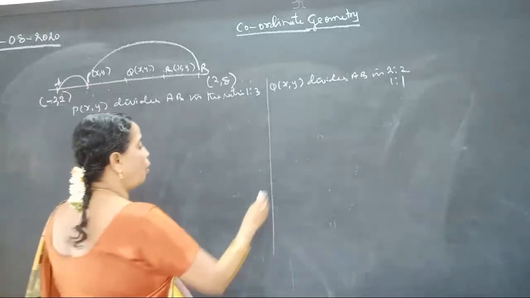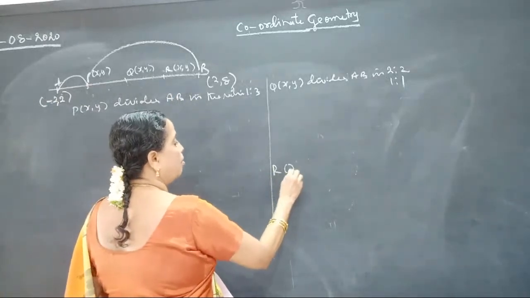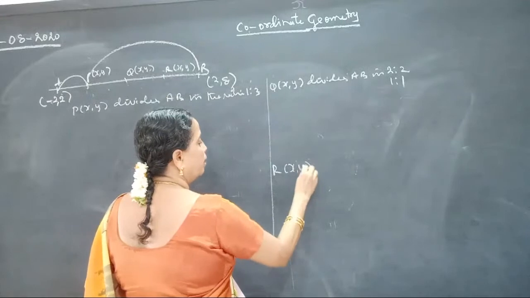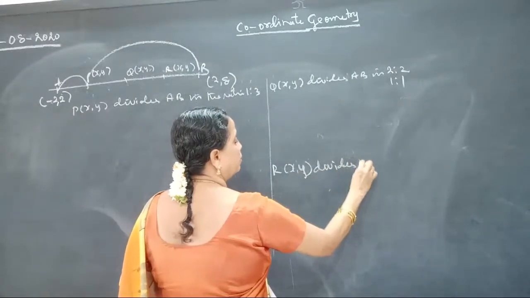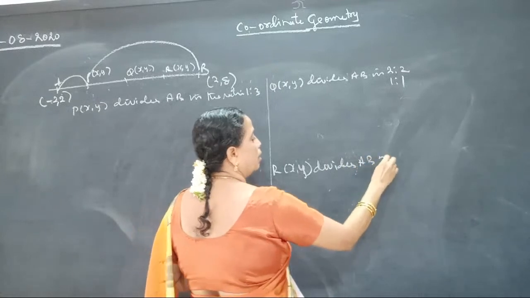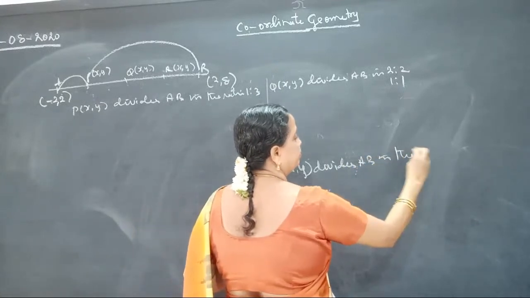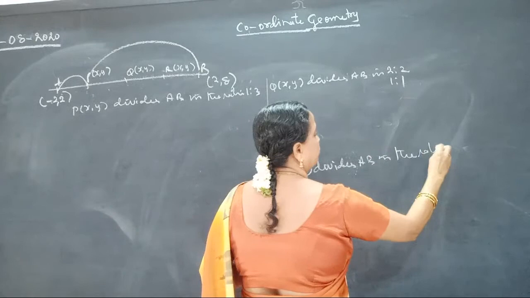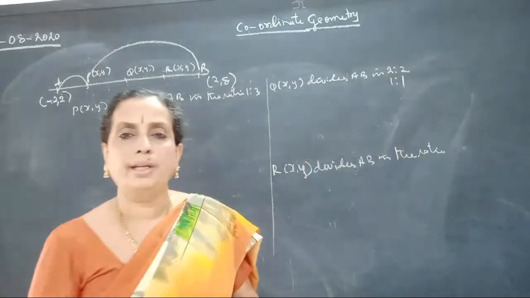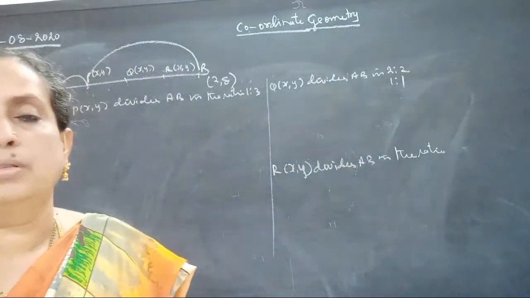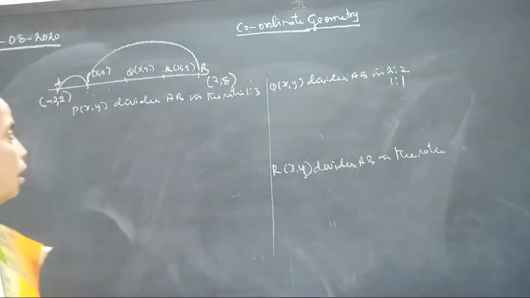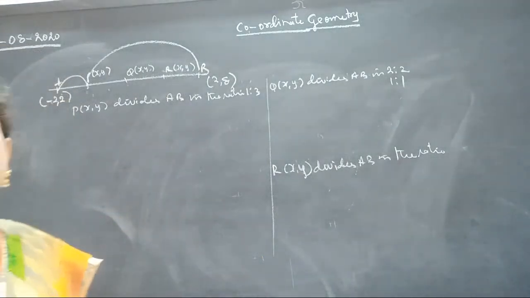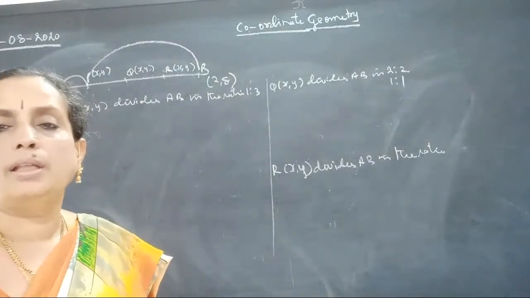Then what about point R(x, y)? Can you tell me in which ratio it divides AB? What is the ratio?